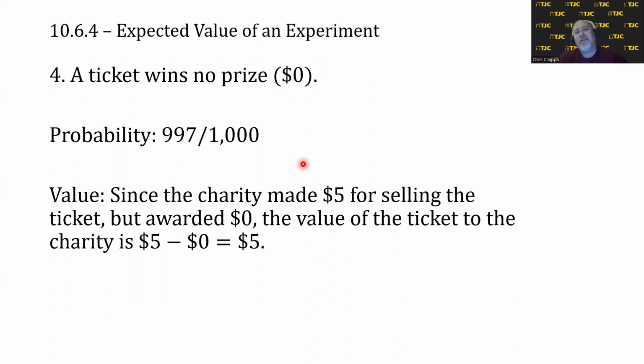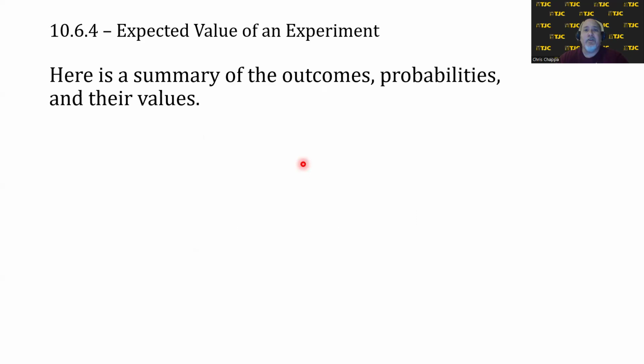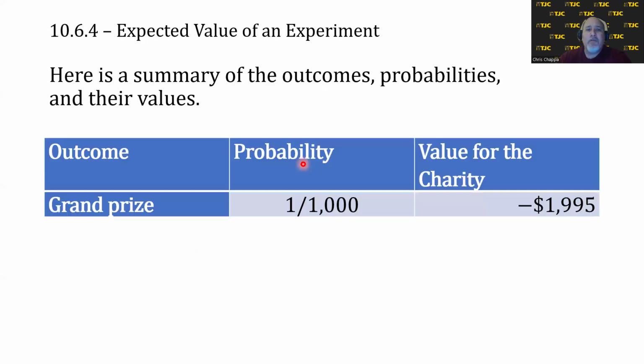Now, we've calculated the probability and the value of all 4 different outcomes for this raffle. Here's a summary of those things. For the outcome of a grand prize, the probability was 1 in 1,000, and the value for the charity was negative $1,995. Remember, they made $5 and gave away $2,000.